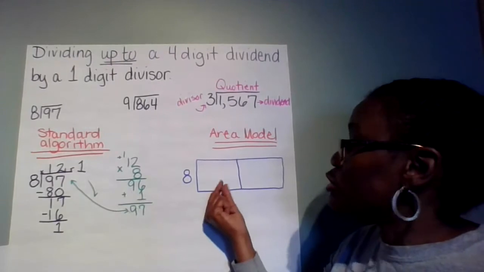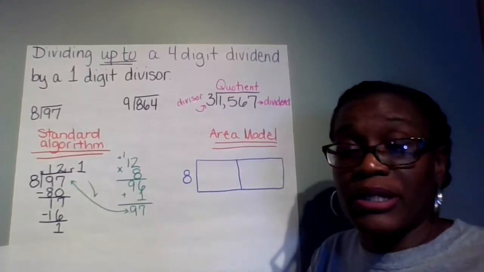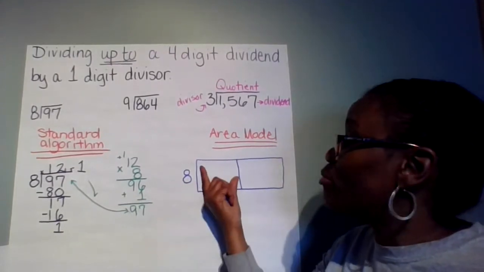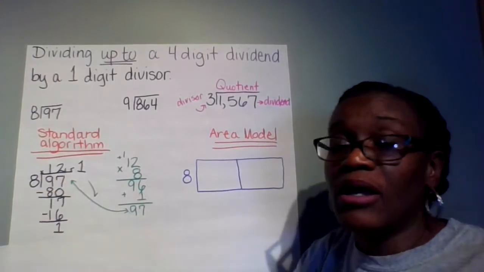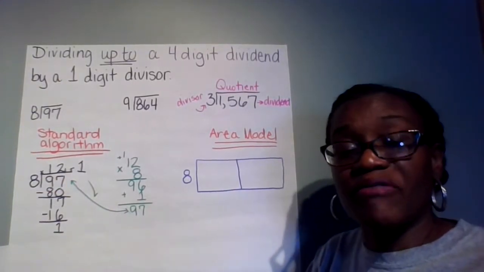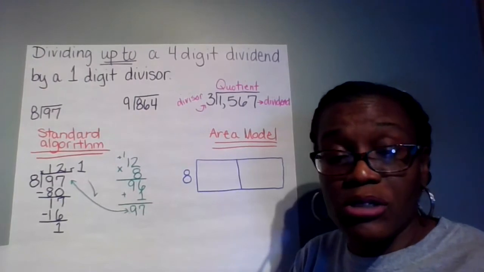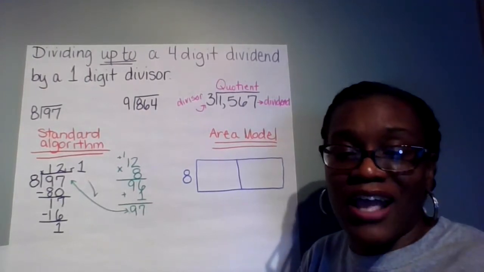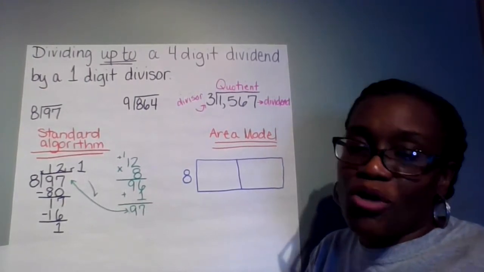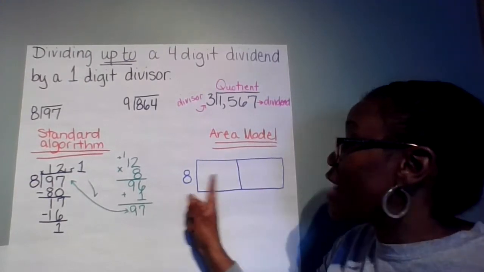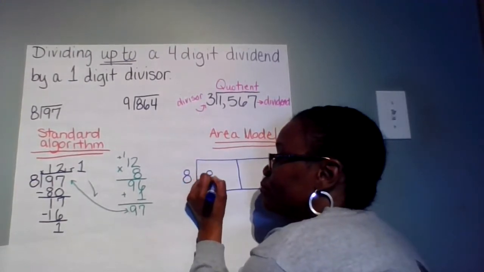And so what 2-digit number or number in up to the tens could I pull out of 97 that would be a multiple of 8? And remember, a multiple is the multiplication answer to your multiplication facts. So that would be 80.